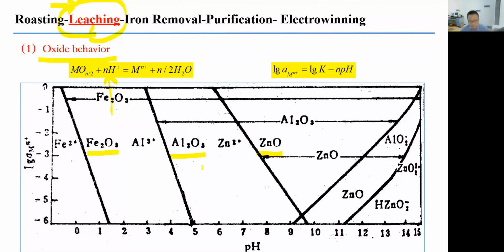So this is the relationship between the concentration or the activity of those cations, like ferric, alumina, zinc, and the pH value, like acidity.